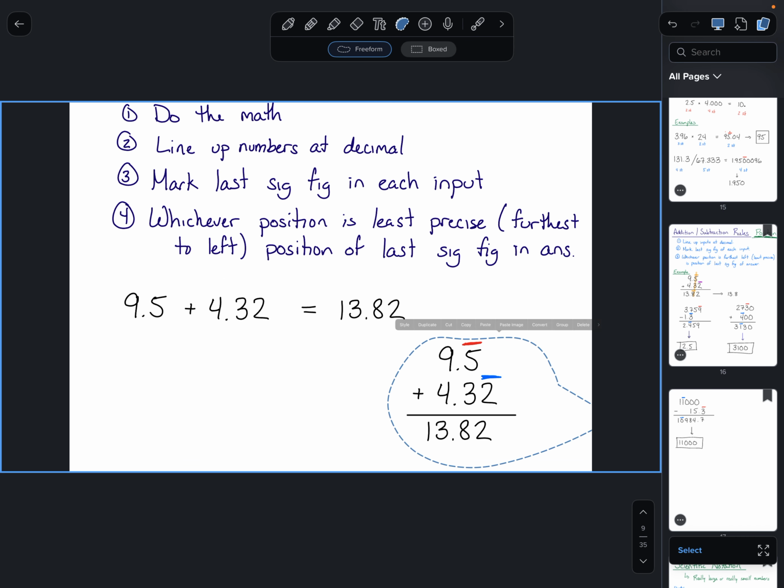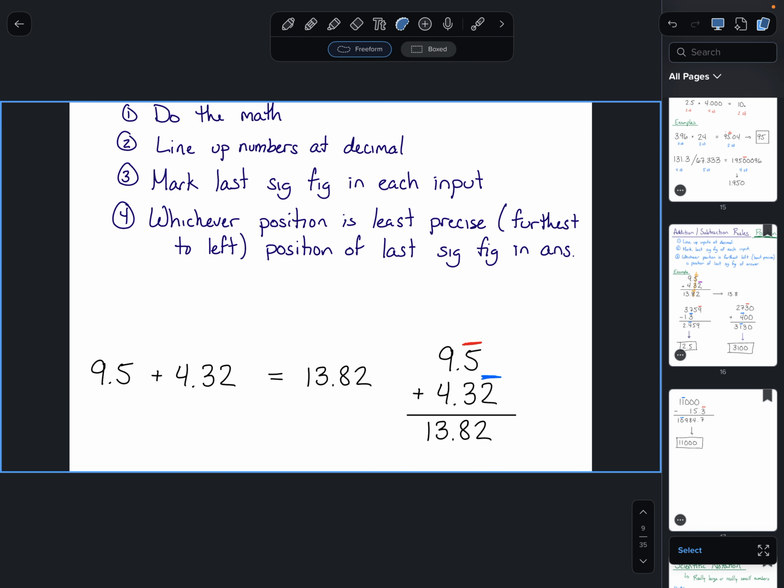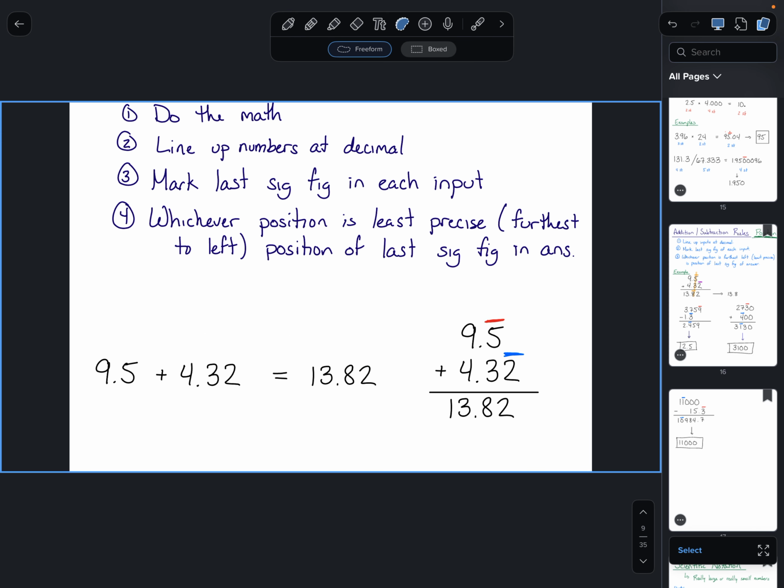Okay, let me rearrange this a tiny bit. So what do I mean by that? Let's just try to follow the text of the rule here. My 5.9 has its last sig fig in what we would call the tenths column. And my 4.32 has its last sig fig in the hundredths column here.